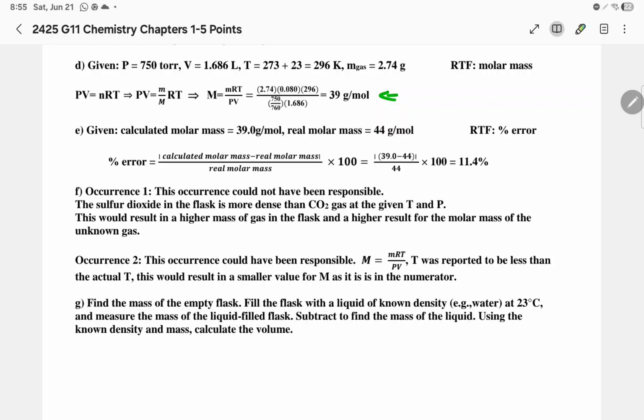And we know that if the temperature was higher, the reported value would be less, which would result in a smaller value for M. Exactly. Since PV equals mRT over M, if T increased, M would decrease, since M is in the denominator here. Since this is the case, it could be the occurrence. You always have to look at the equations.